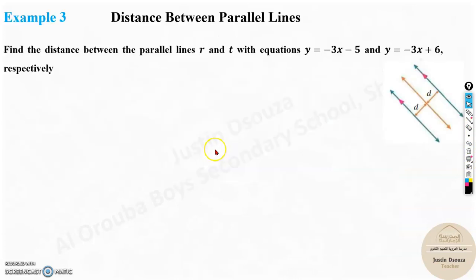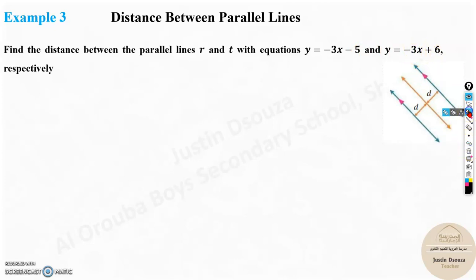Now let us see this problem. Distance between parallel lines. Find the distance between the parallel lines R and T. Over here, the diagram is not accurate, but since the slopes are negative, we can consider this to be the diagram. Let's consider this is R and this is T, with the equations y equals minus 3x minus 5 and y equals minus 3x plus 6.